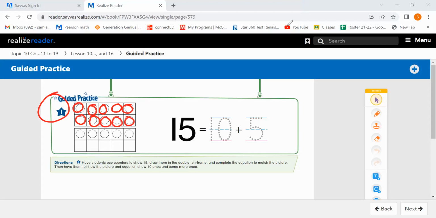So in our first 10 frame, we have 10 counters. And then we're going to count on. We had 10, 11, 12, 13, 14, 15. So we have 15 in all. 10 ones plus 5 ones in our second 10 frame.